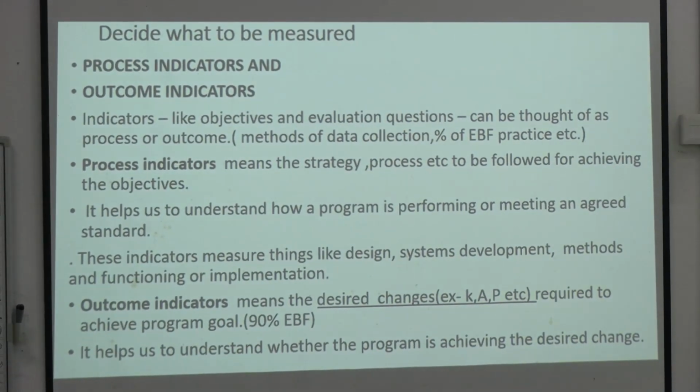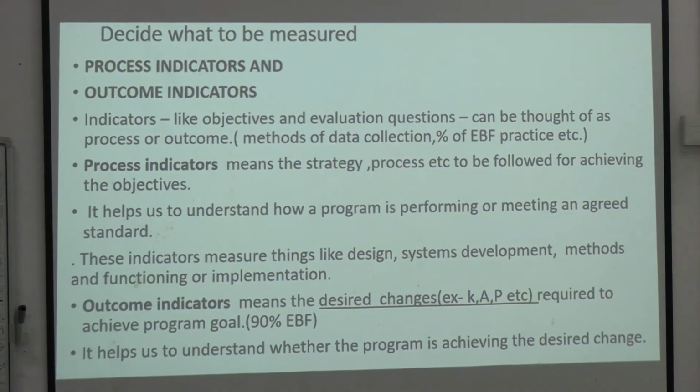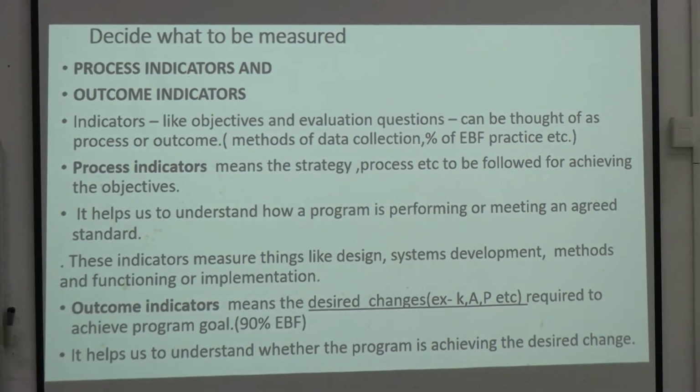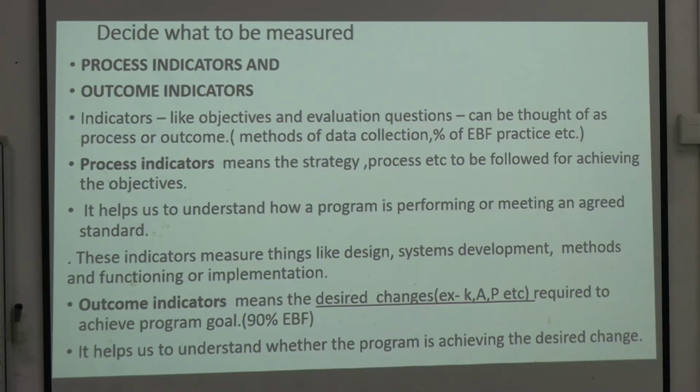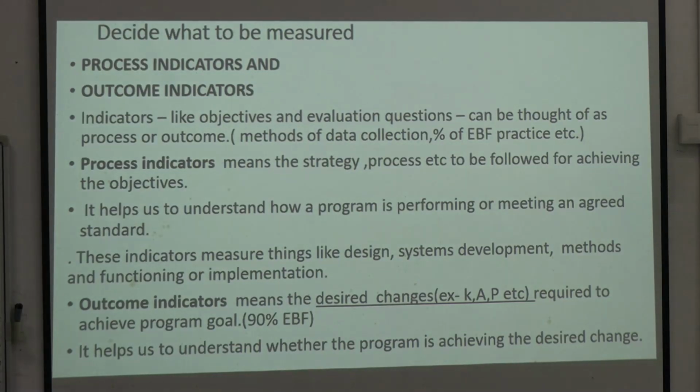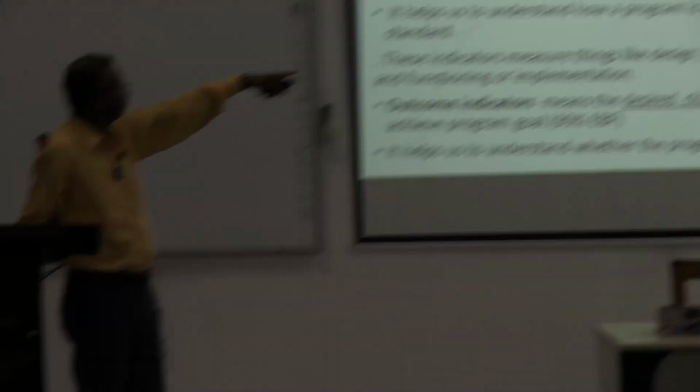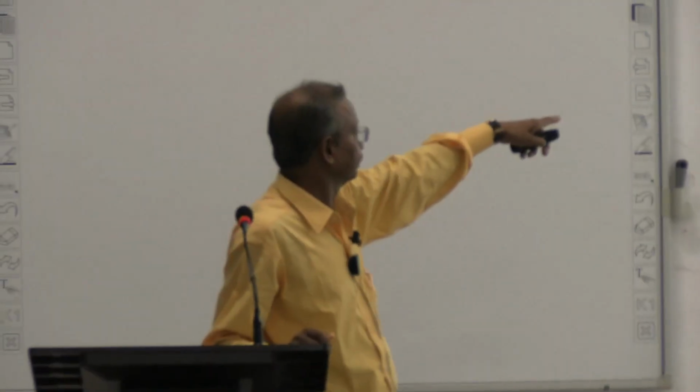What is indicators? Like objectives and evaluation questions can be thought of as process or outcome both. Methods of data collections, that is process indicator. Percentage of exclusive breastfeeding practice, that is outcome indicator. Now, process indicator means the strategy, process, etc. to be followed for achieving the objectives.